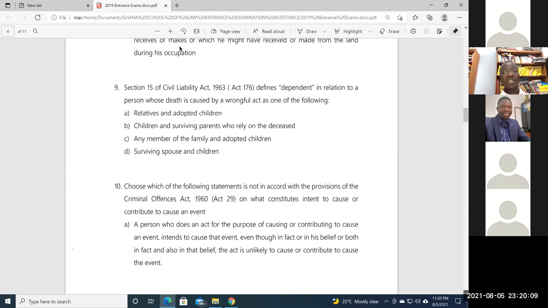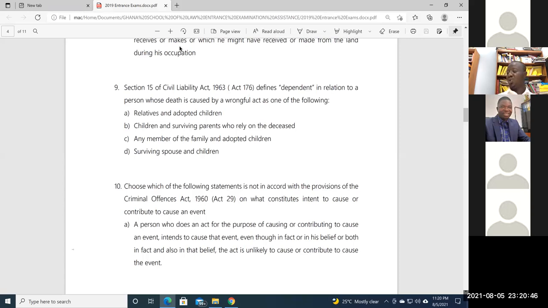Member of family, according to section 15 of the Civil Liability Act 1963 (Act 176), means (a) when used in relation to a citizen, any one of those persons mentioned in the first schedule as a family based on the paternal or maternal system; (b) when used in relation to a person who is not a citizen, the wife, husband, father, mother, grandfather, grandmother, stepfather, stepmother, son, daughter, grandson, granddaughter, stepson, stepdaughter, brother, sister, half brother or half sister.